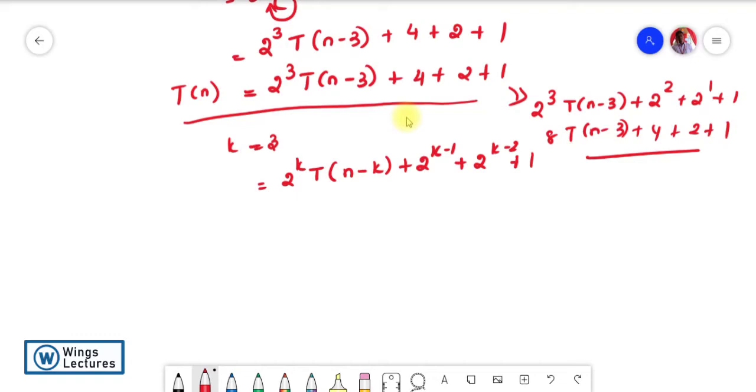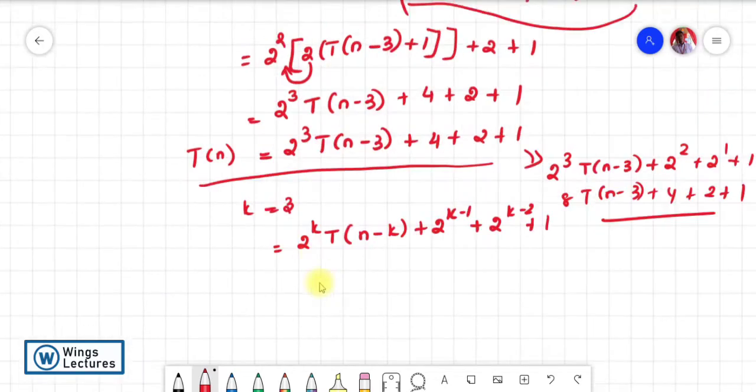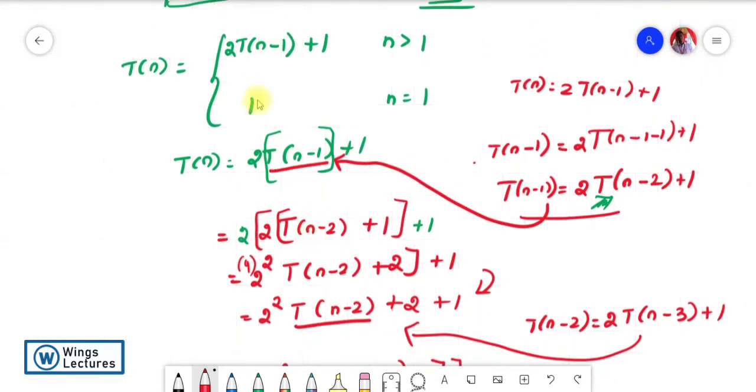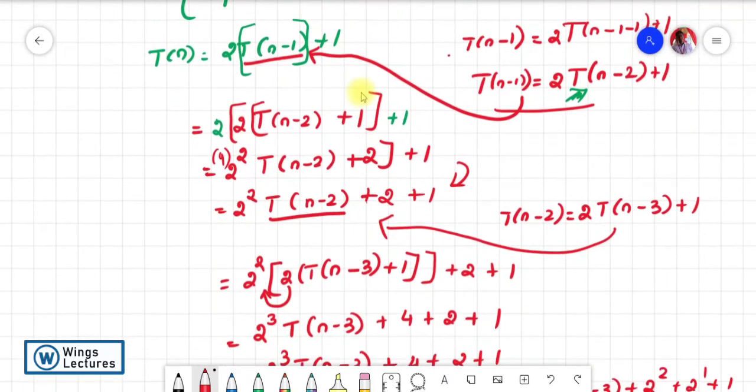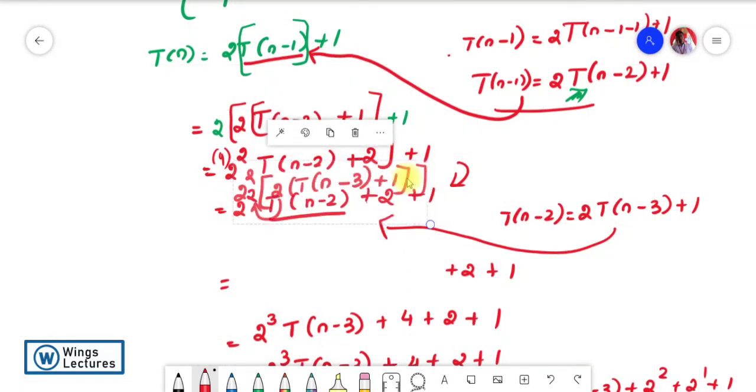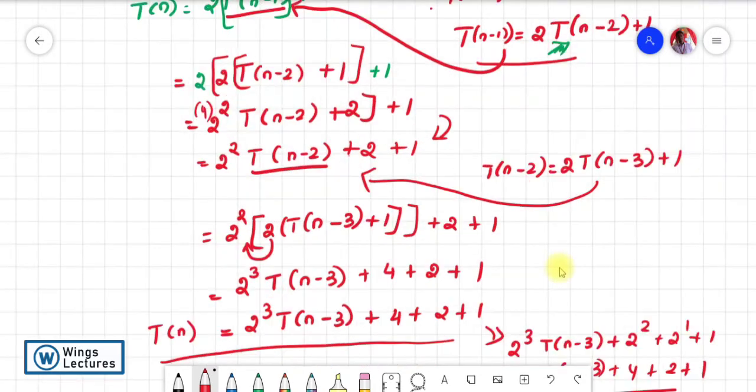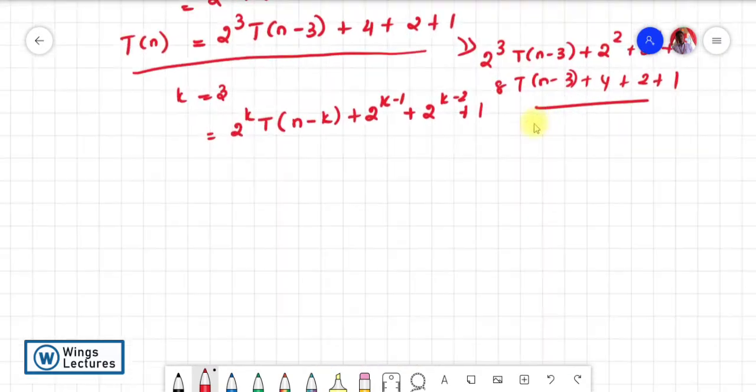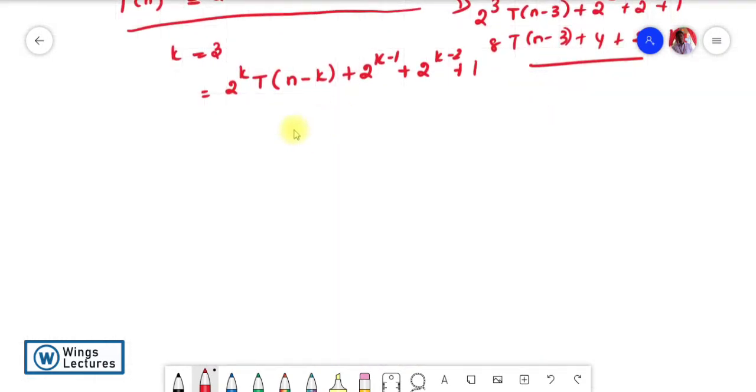Already we know that initially we have assigned t of 1 is equal to 1, so we know the value, which is 1. Okay, so what we are supposed to do is first we have to assign that, see, we know the value of t of 1 is going to be 1.